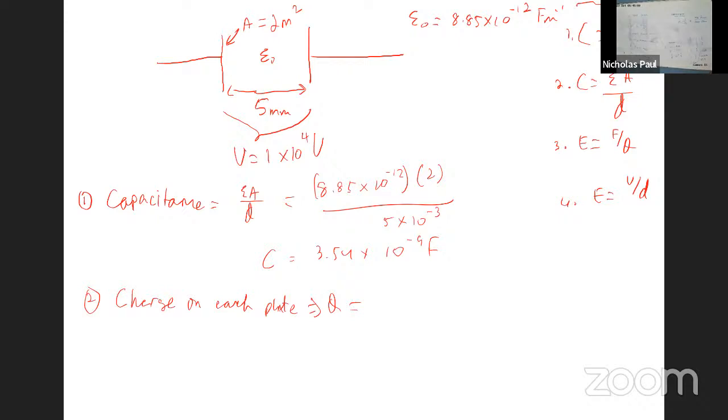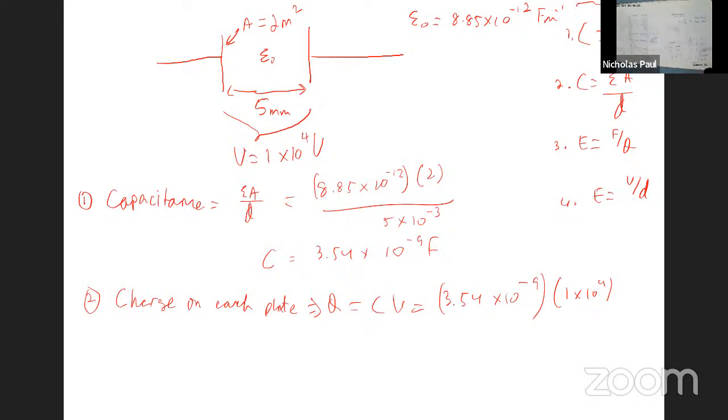In the first one, Q will be equal to C by V. Work it out quick. So that's 3.54 by 10 to the minus 9, and the voltage is 1 by 10 to the 4. Done? You okay with that?